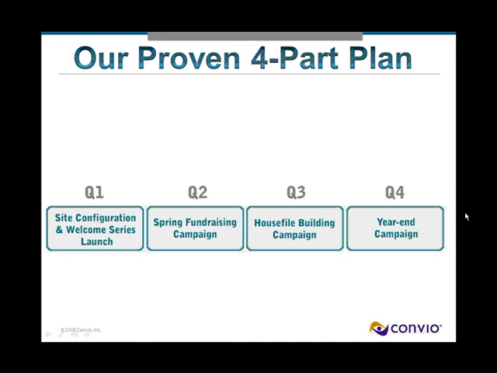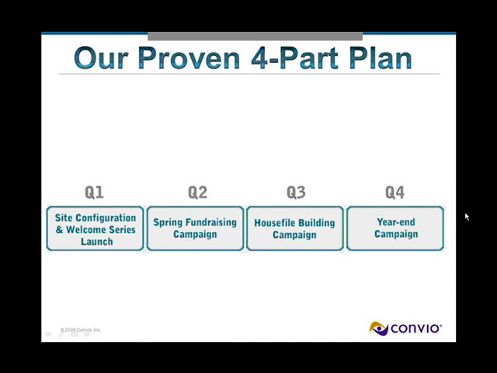The Go program consists of a proven 4-part plan. And as you look at this, we break it down from quarter to quarter over the course of a year, working together, you and your nonprofit staff, with us and our Convio Go team, working hand in hand through these 4 quarters, not necessarily in this sequence, depending on when you enter into the program.